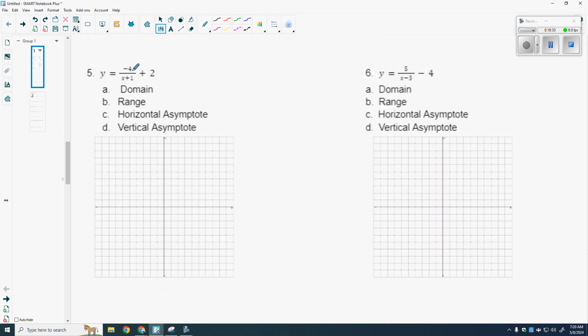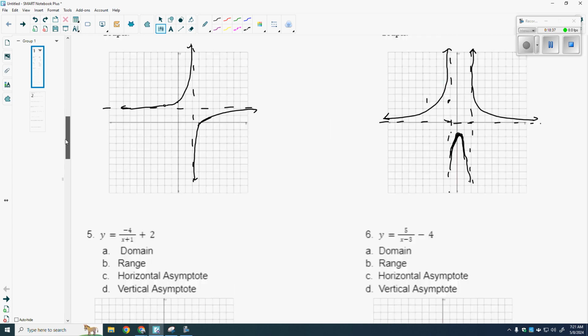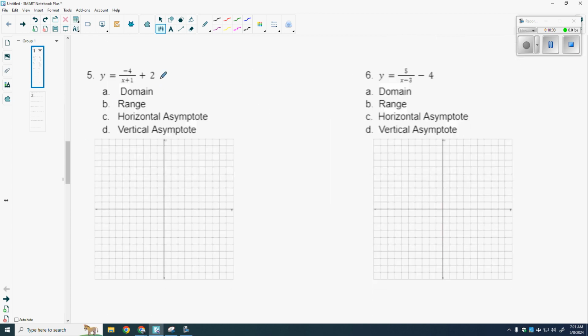All right, different kind of graph. Notice there's no plus or minus on these. Okay, this is what's called an inverse function. My horizontal asymptote is the value that's being added or subtracted. It is an equation. My vertical asymptote is just like before. Value for x that makes the bottom 0.